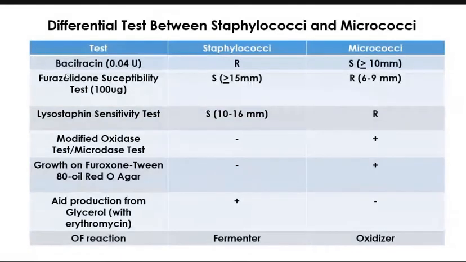Now, we need to differentiate our Staphylococci from micrococci. What are the different tests that can differentiate one from the other? Most of them are sensitivity tests. You can look at the table now. You have your bacitracin test, furazolidone, which is a sensitivity test, the modified oxidase test, growth in 6.5 percent NaCl, acid production, and of course their oxygen reaction.